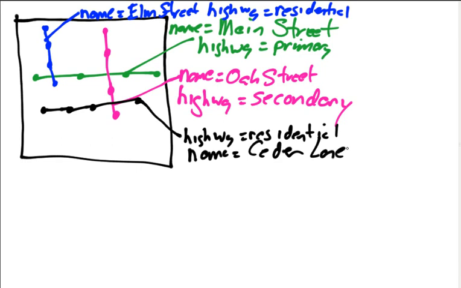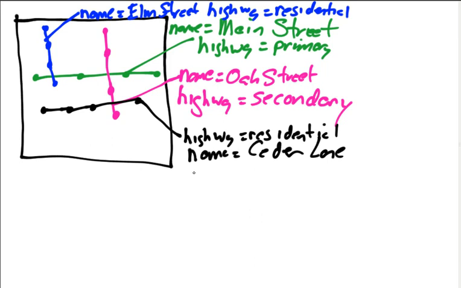Now I said in the previous video that the ordering of the ways determines the traffic flow. That's true, but in the case of tags with highway, it's always assumed to be bidirectional unless we specifically say that these are unidirectional. So let's actually do that. Let's say that Cedar Lane is a one-way street.